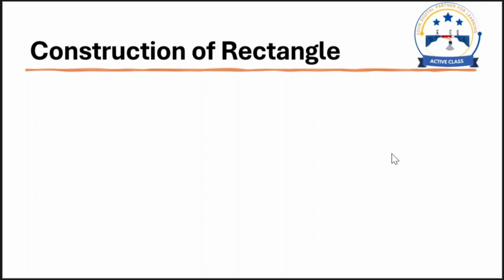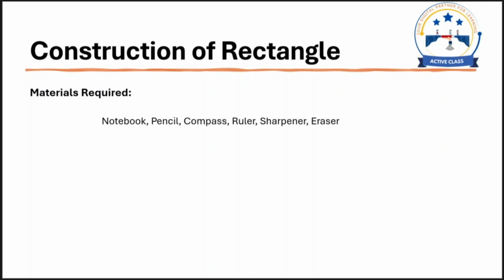Today we are going to learn to construct a rectangle and a square in this video. Before starting the video, please go and grab these materials: a notebook, pencil, compass, ruler, sharpener and eraser.